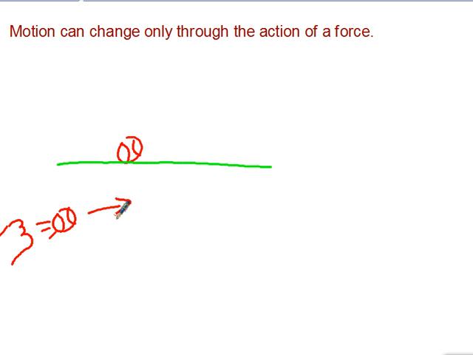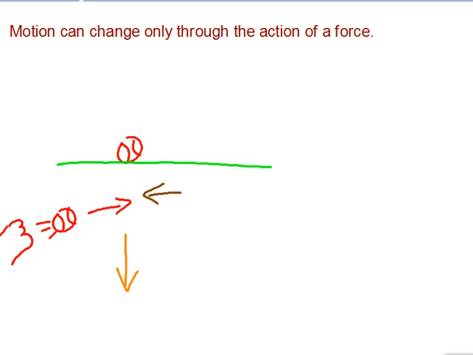However, as soon as it is released from the person's hand, there's no more force acting on the baseball to keep it moving forward. Instead, we now have gravity pulling down on it with no normal force of the air holding up on it. We have air resistance pushing against the ball, slowing it down.